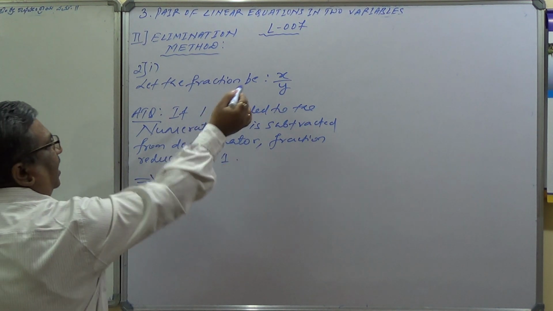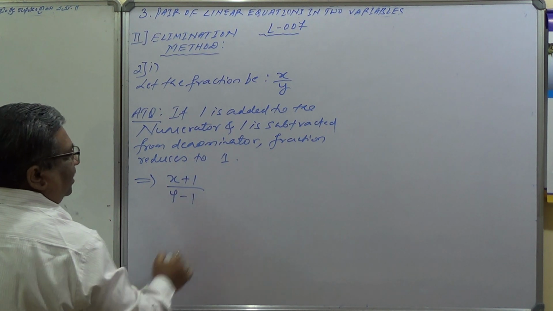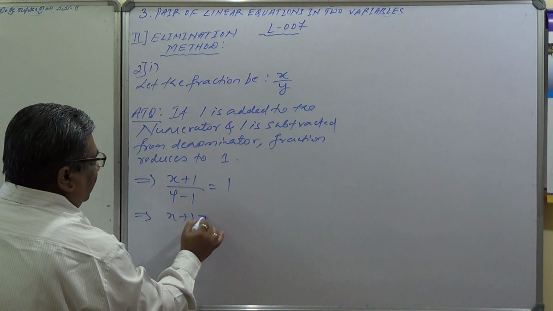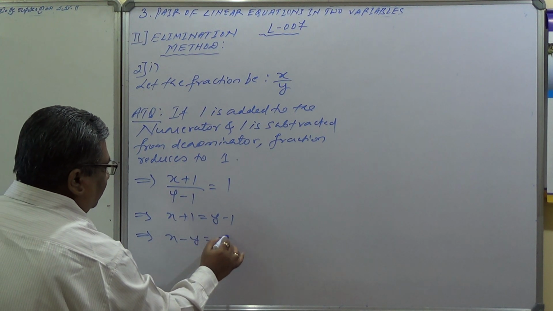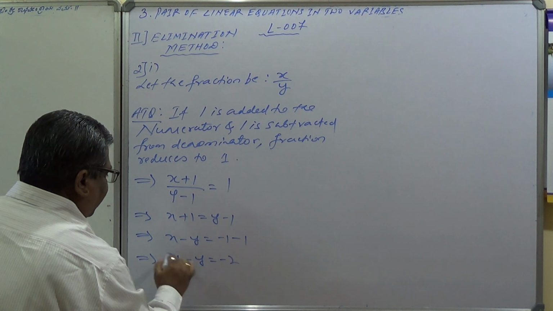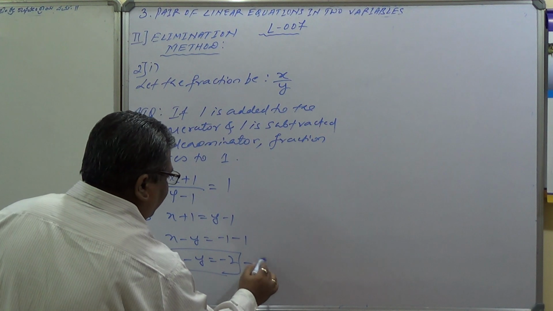Implies x plus 1 over y minus 1 equals 1. Implies x plus 1 equals y minus 1. Implies x minus y is equal to minus 1 minus 1. Implies x minus y equals minus 2. Tag this as equation number 1.